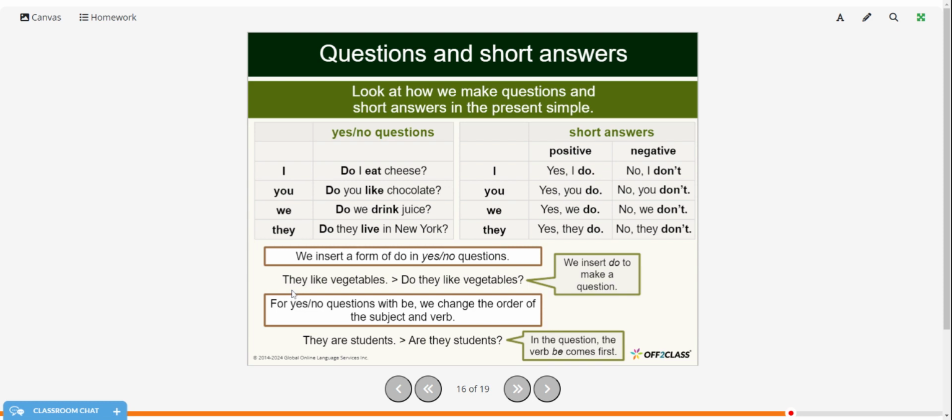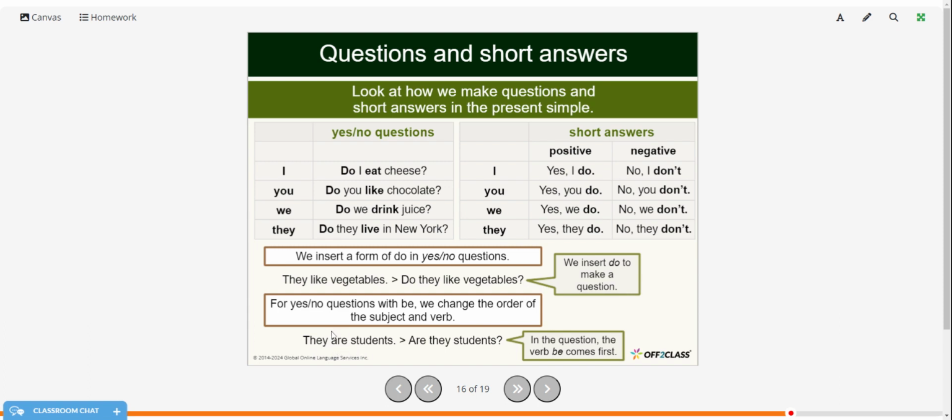So here again, we're taking the statement, they like vegetables, and to turn it into a question, we just add do to the front. Do they like vegetables? Now the only difference is if the verb is a to be verb, like am, is, or are, then we have to change the order. So here, they are students.